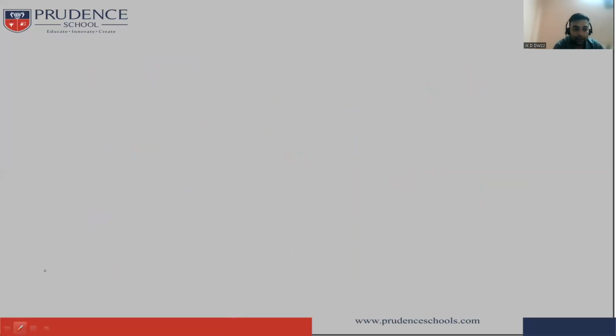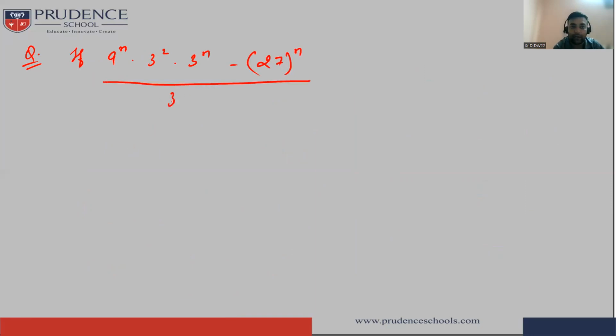And the last question of exponents and powers. If 9 raised to power n into 3 square into 3 raised to power n minus 27 raised to power n divided by 3 raised to power 3m into 2 raised to power 3 is equal to 1 upon 27.